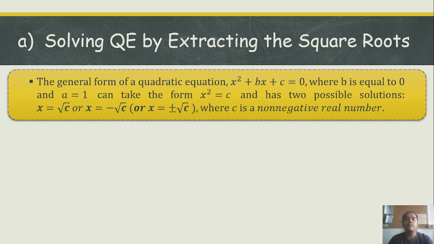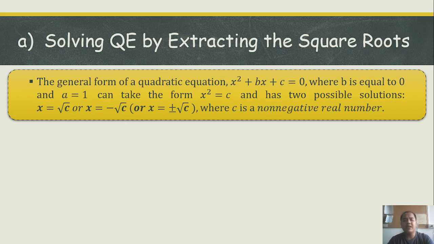And it has 2 possible solutions. So, the form of the quadratic equation that we transformed into x squared is equal to c has 2 possible solutions: x is equal to positive square root of c, or x is equal to negative square root of c. Or we can combine them into 1: x is equal to plus or minus the square root of c, where c is a non-negative real number.